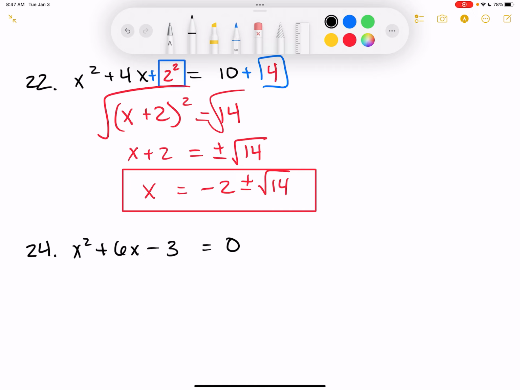So right now we have a problem because this is over here. So I need to move this over to the other side first and then do my box. Okay, so we would have x squared plus 6x plus box is equal to, I moved the 3 over, so 3 plus box.